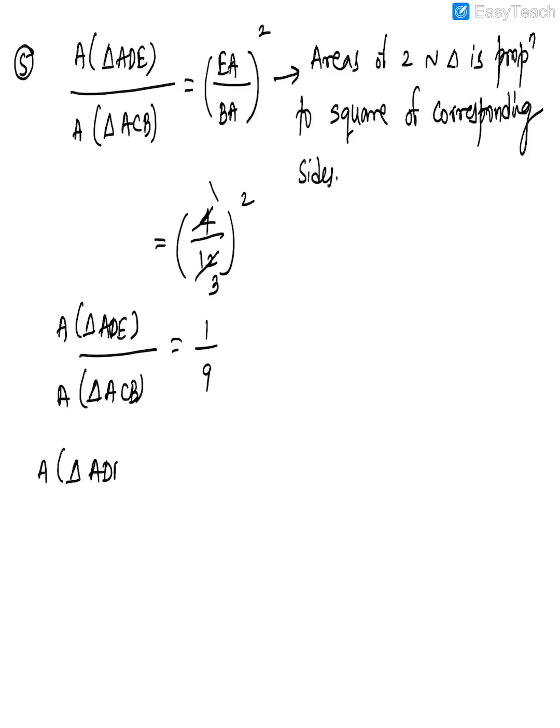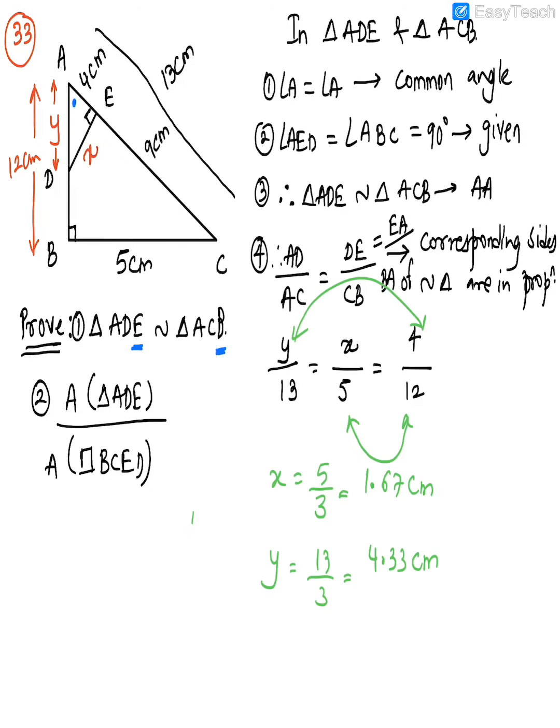Now, how will you do that? Basically, this quadrilateral is big triangle minus small triangle, right? So instead of quadrilateral, I will write area of triangle ACB minus area of triangle ADE, and this is area of triangle ADE.